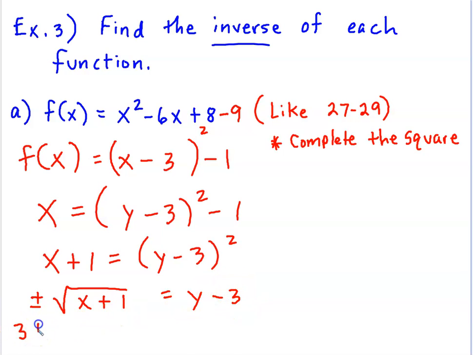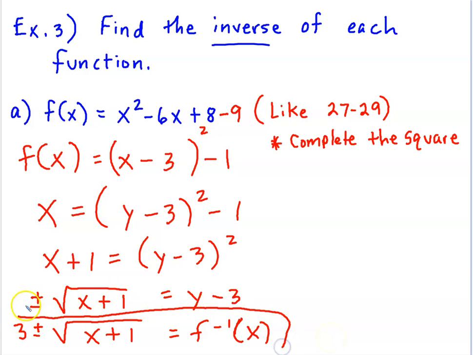Put it in the very front so I don't mistake anything. And now that I'm solved for y, I'm going to look at my original function was f. So this represents the inverse of f. And that's my answer.